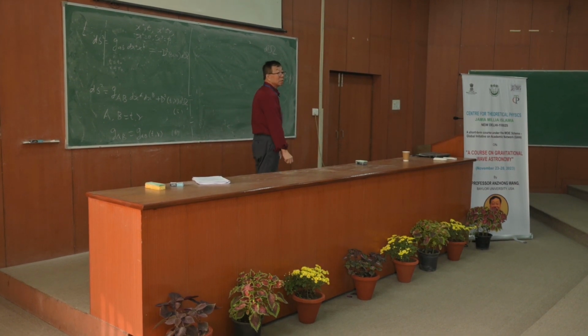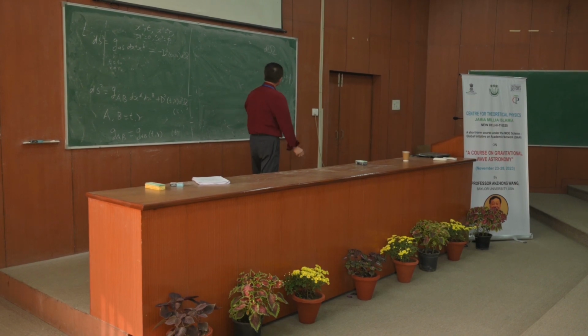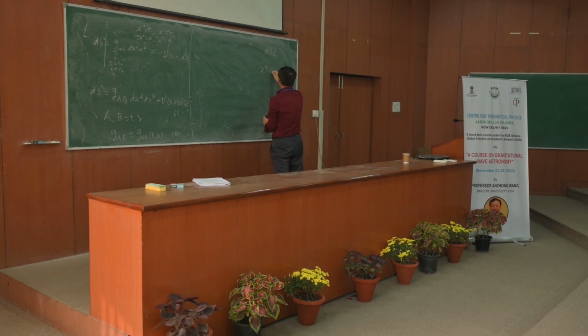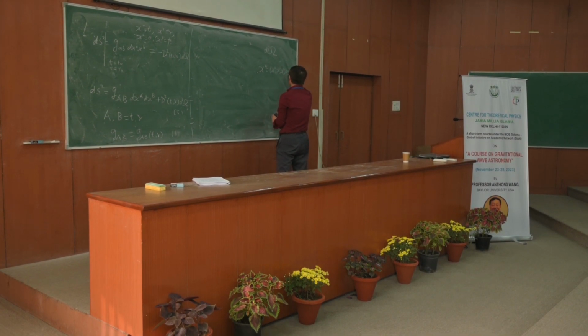So you can call these x0, x1, x2. The index A becomes x0, x1, x2, so five, right?